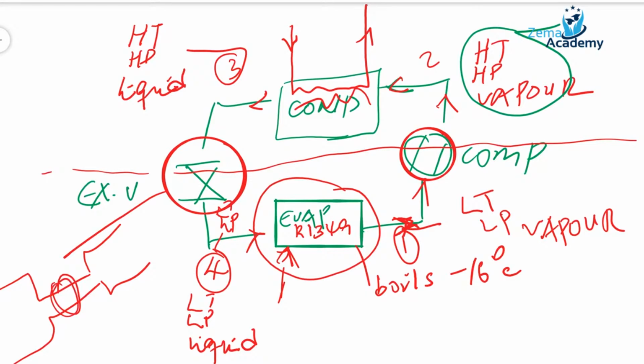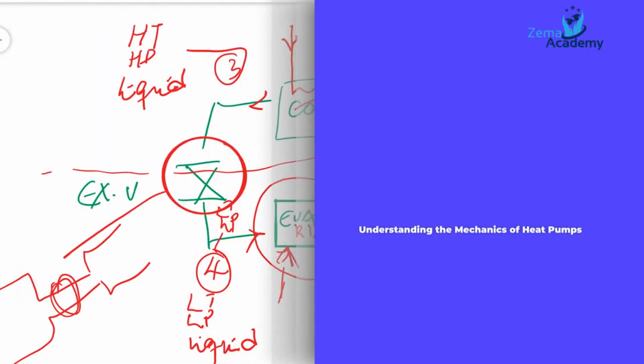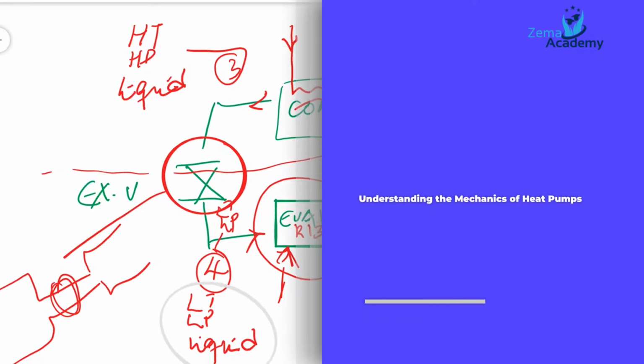Bernoulli's principle says that if you reduce the area, you increase the velocity but reduce the pressure. And if you reduce the pressure, you also reduce the temperature. So from point 3, you come back to point 4, the same point that we started, which is low temperature and low pressure liquid. And then, of course, you feed it back again to the evaporator, and the circuit repeats itself.